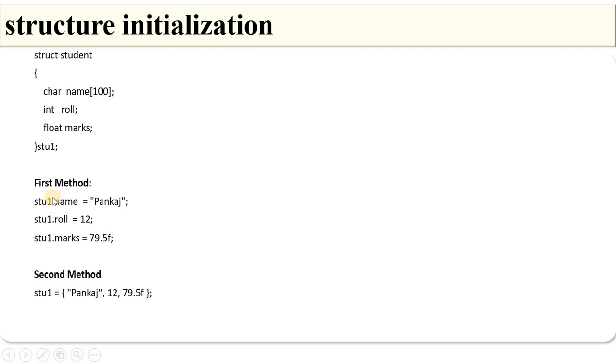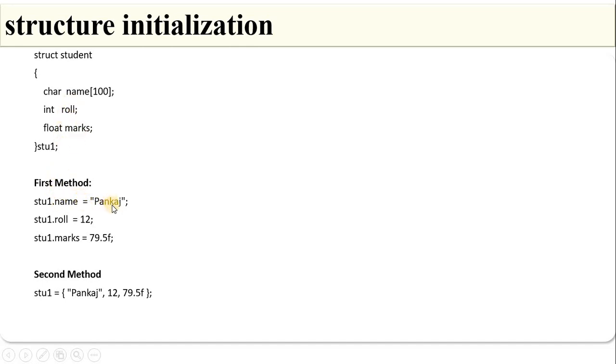The first way is you can say the student struct variable, that is stu1, dot name.